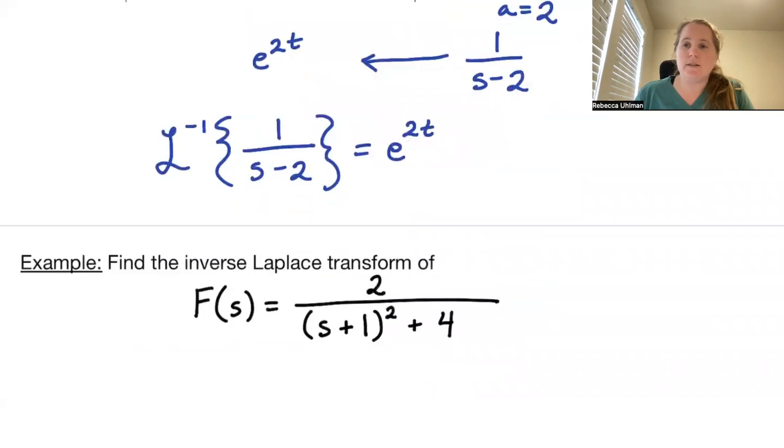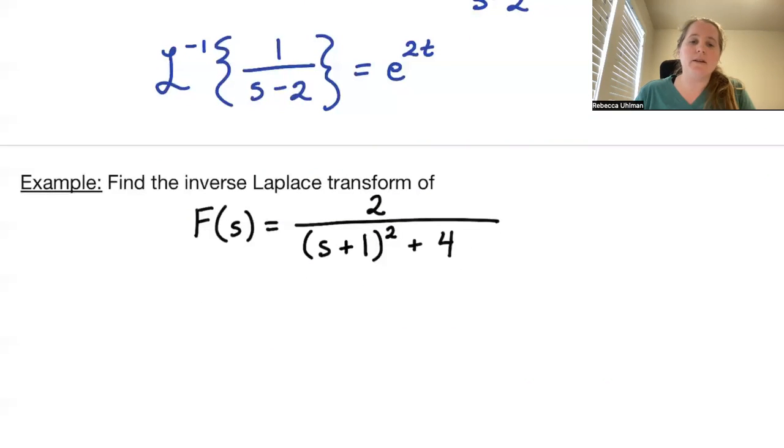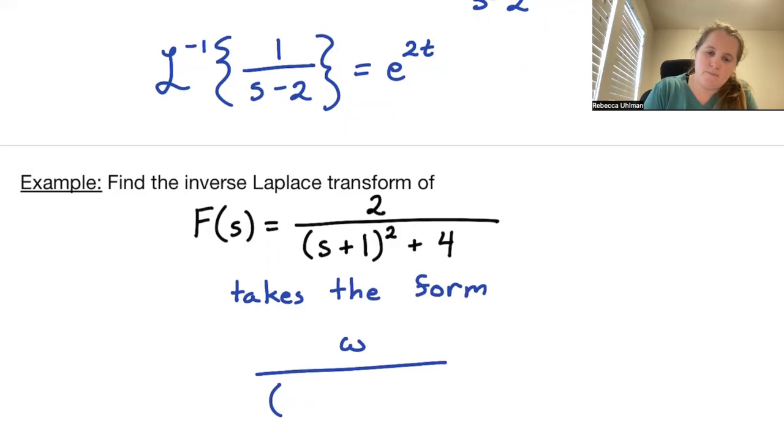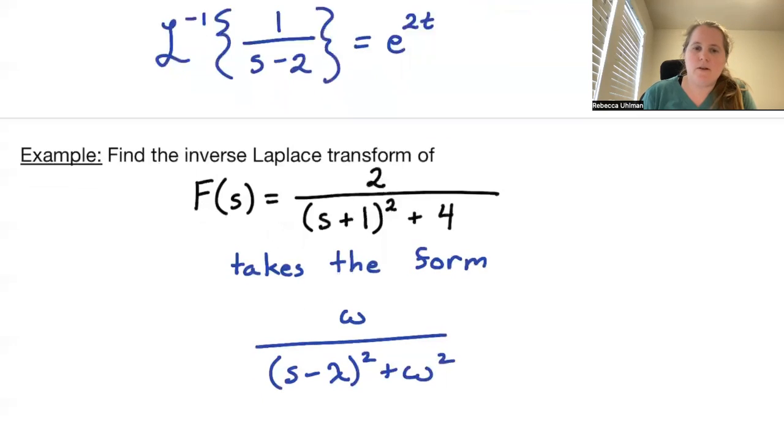Similarly, let's take a look at the function capital F of s is equal to 2 over s plus 1 squared plus 4. So this takes the form omega over s minus lambda squared plus omega squared.